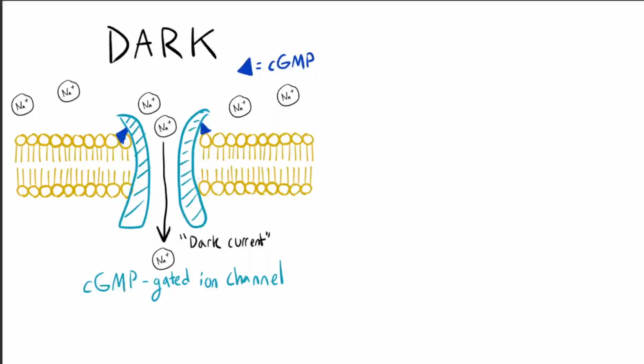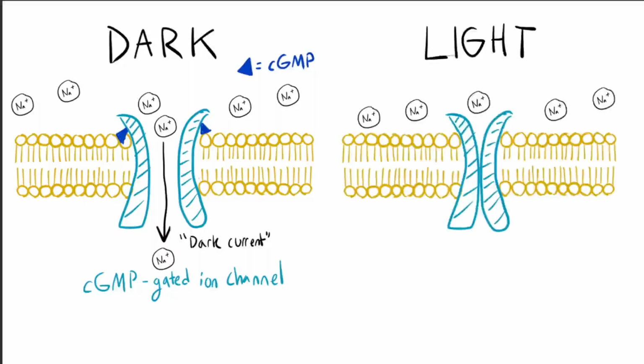It's kind of a silly name, but what they're really describing is just the constant influx of sodium ions into the rods. When you decrease the levels of cyclic GMP after light hits rhodopsin, now you're closing this gated ion channel and there's no longer going to be sodium flowing into the cell.